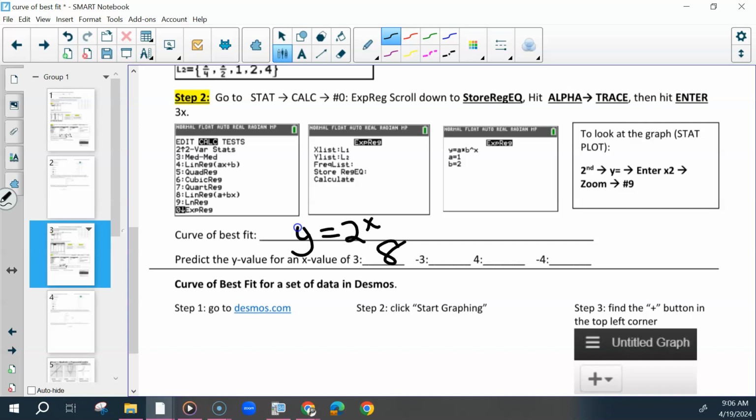Now we need to find negative 3. Once you have these in, you're following step 2. Once you put those in, make sure you're following step 2.